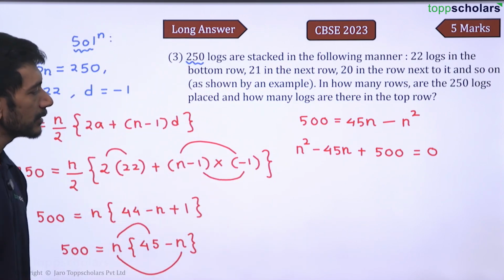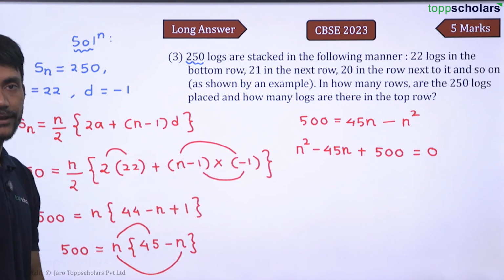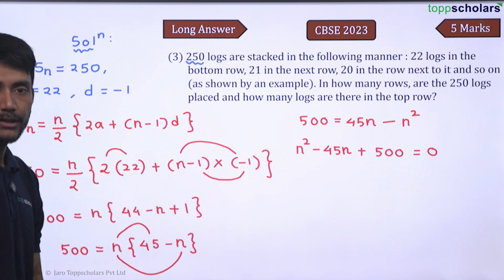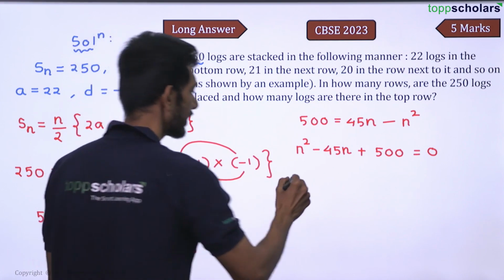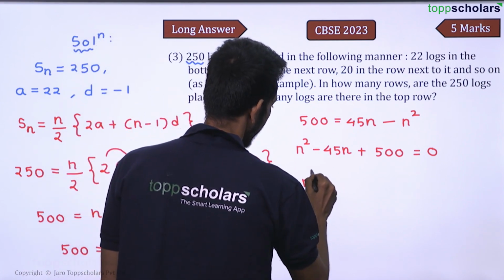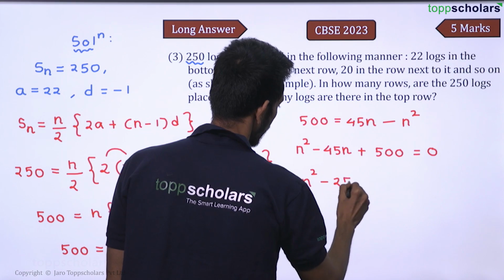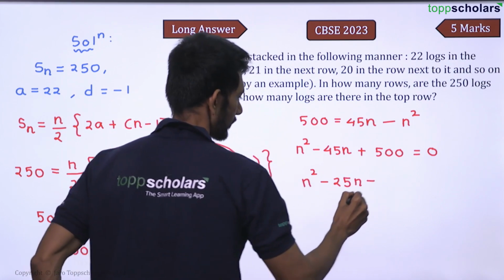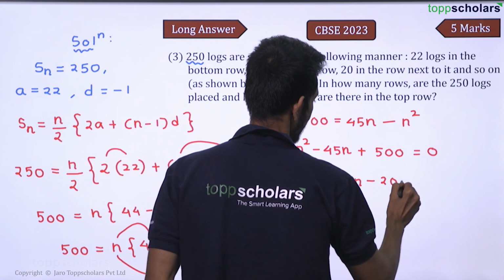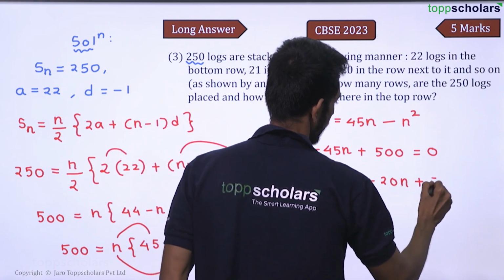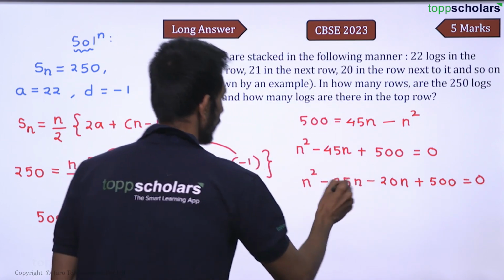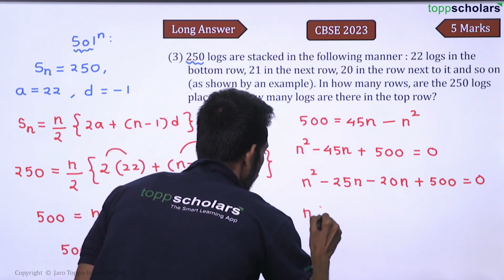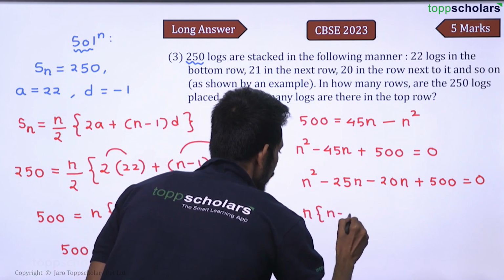Now we can split the middle term. 25 into 20 is 500. 25 plus 20 is 45. But obviously we cannot take both the numbers positive. Both the numbers have to be negative because the middle number is negative. So can I say we get n square minus 25n minus 20n plus 500 is equal to 0. So from here can I take n common? If I take n common, I get n minus 25.